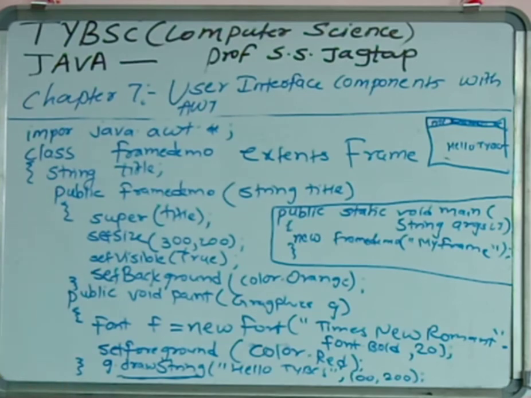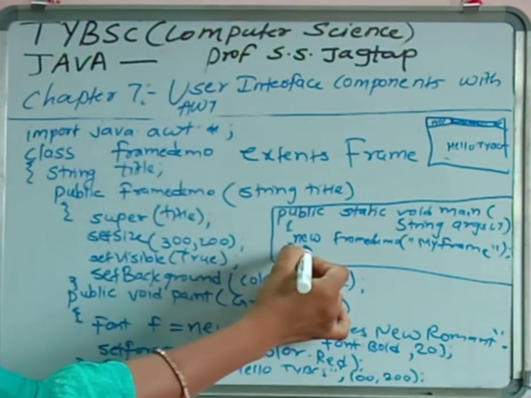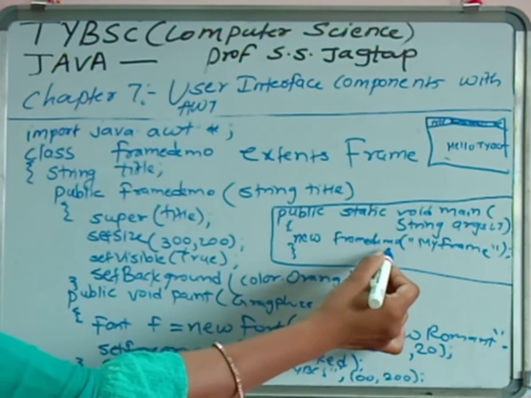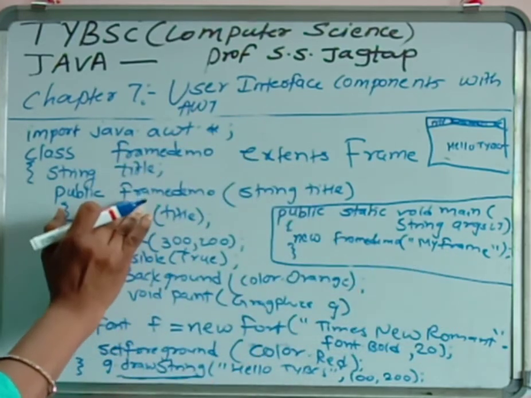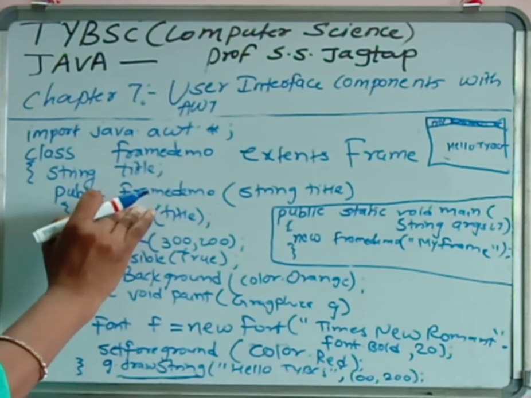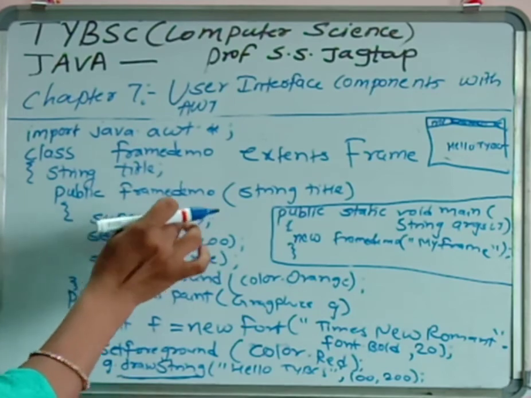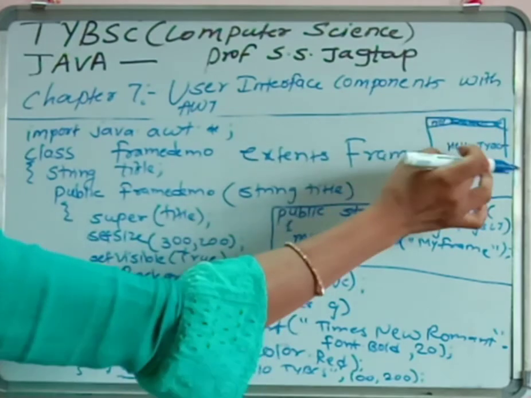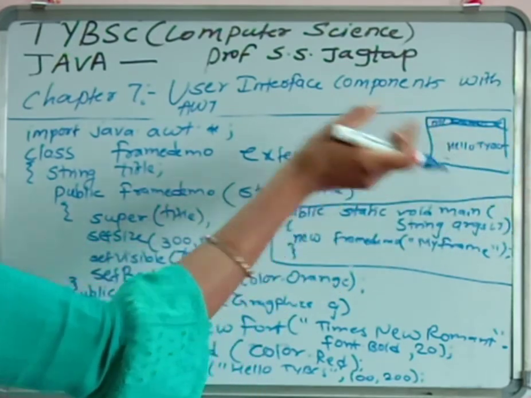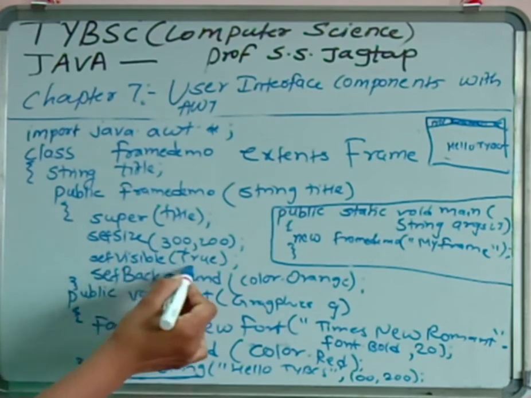We should know that a program always starts from main. So first of all it will come here. The FrameDemo object is created, passing the string my frame. It will switch to the FrameDemo constructor. What is there? String title, that is my frame, goes here. Then the title will be my frame. Then the size of this frame is 300, 200. Then this frame should be visible to the user, so visibility is true.